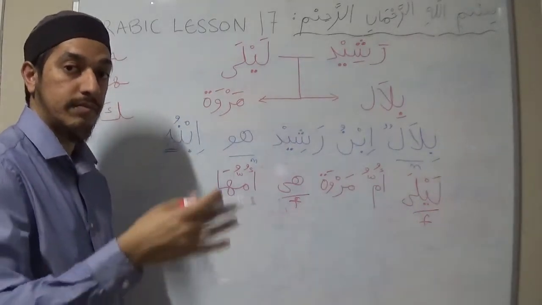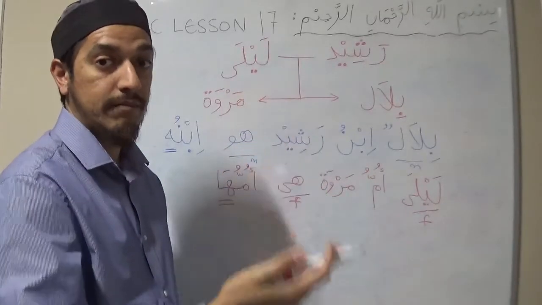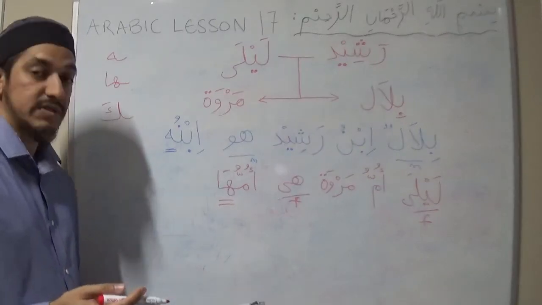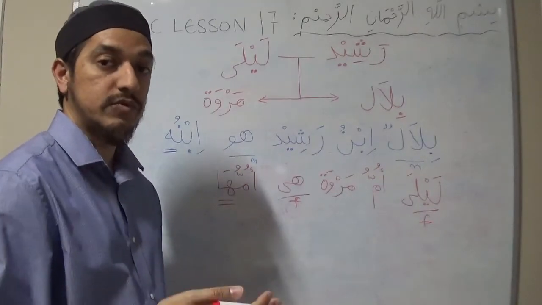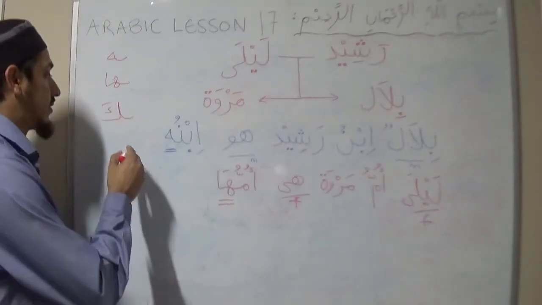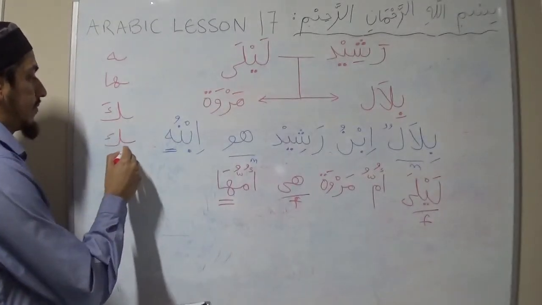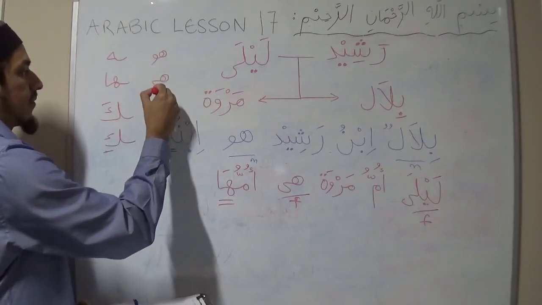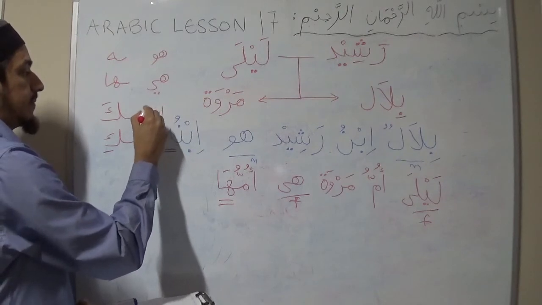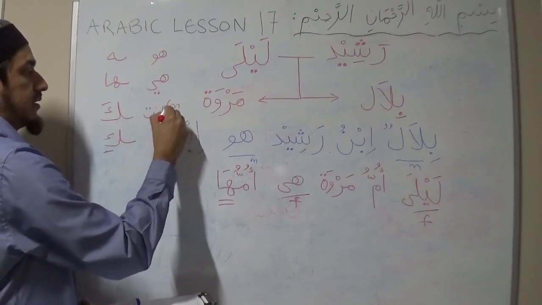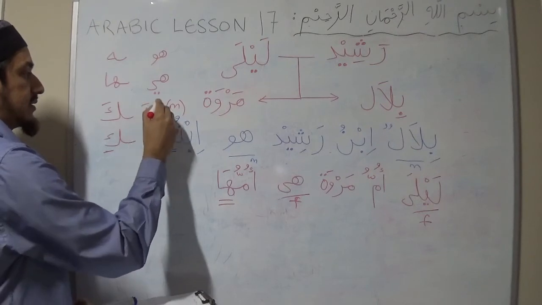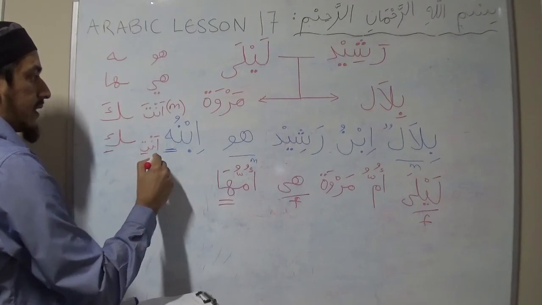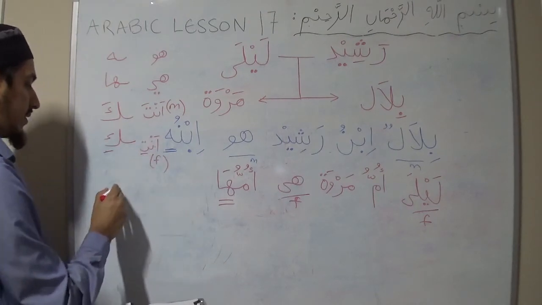Kitabuka, your book, saying it to a masculine person, a male. We have Safinatuki, your ship, if you say it to a female. So that's for huwa, that's for hiya, this is for anta, masculine, this is for anti, feminine, and then we had a ya at the end.